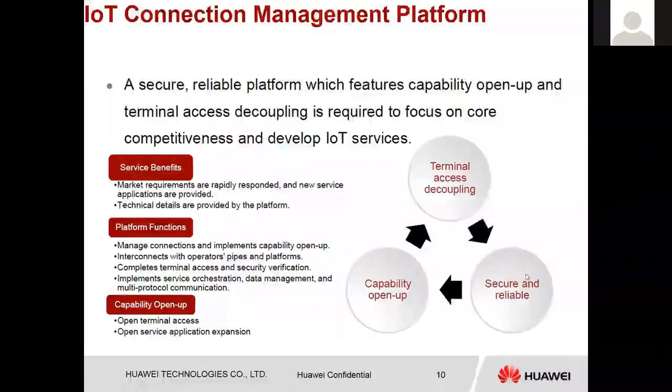And the last is secure and reliable. When we connect the device and connect to the application, we provide authentication. This method will help us to make our connection more secure.